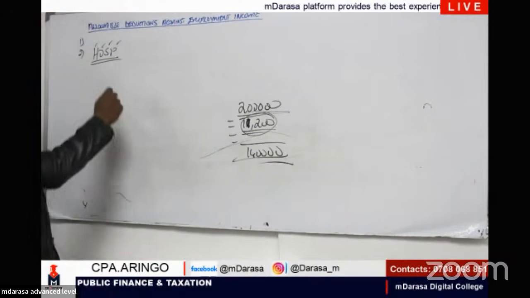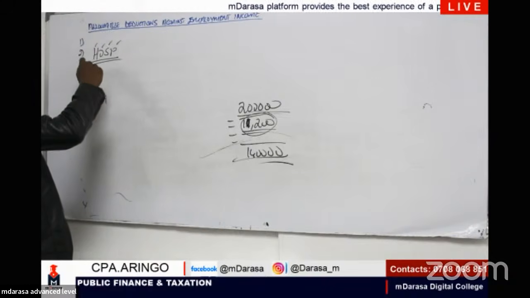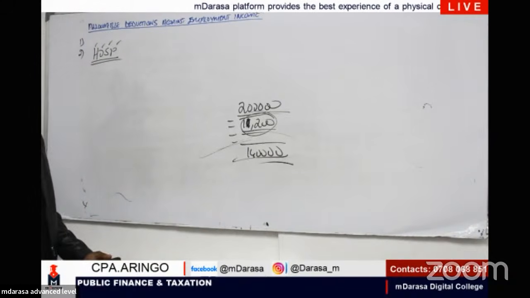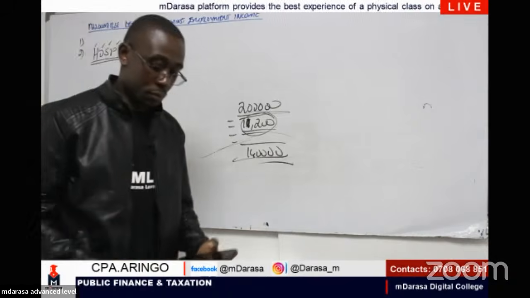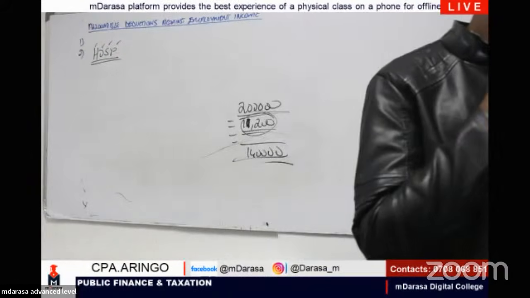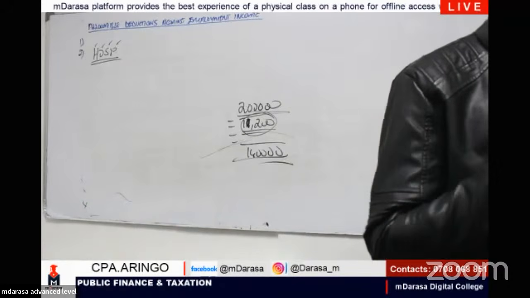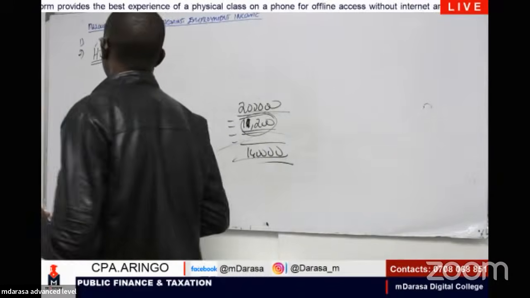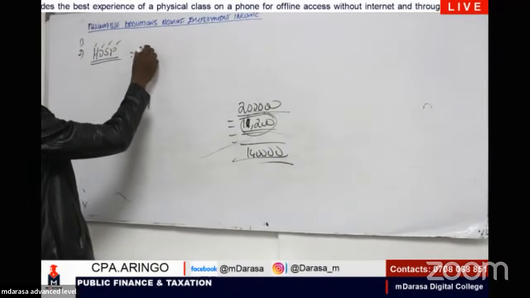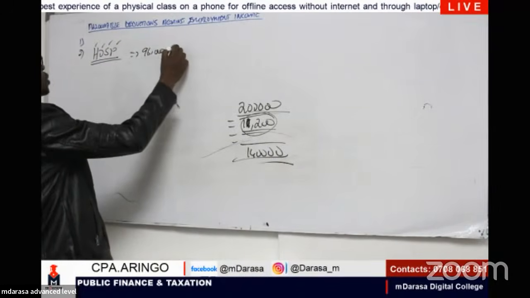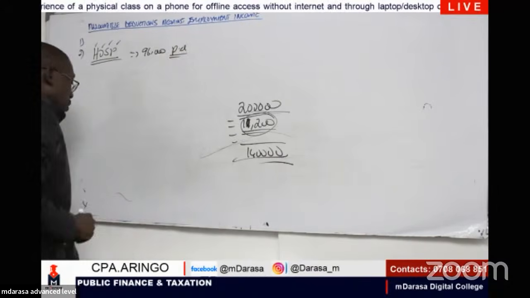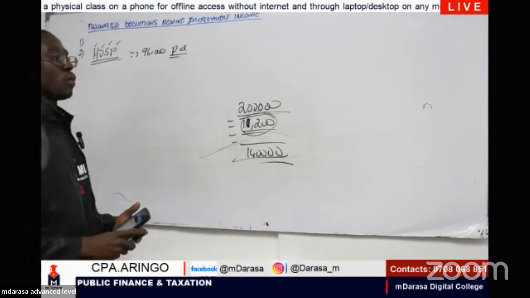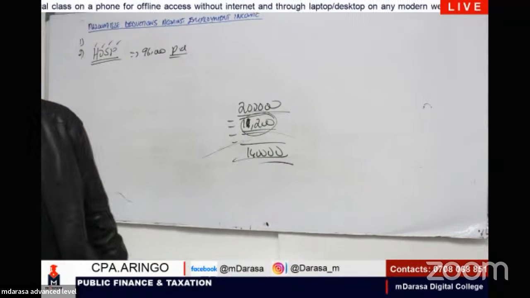Contribution to a registered home ownership savings plan is subject to a maximum of 96,000 shillings per annum.